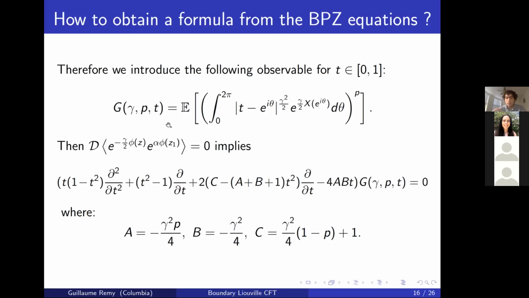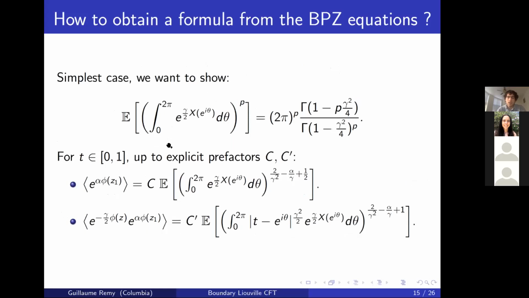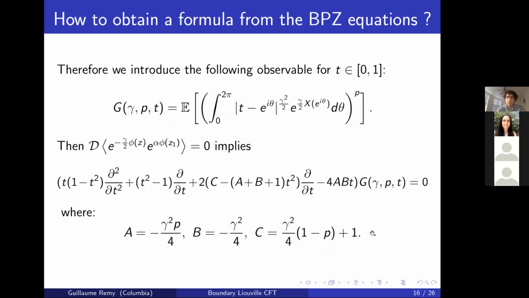After a change of variable, and having in mind these two facts, especially the last one, that this 2-point function with this insertion corresponds up to a constant to this, the big operator applied to this 2-point function equals 0. So after a change of variable, this is equivalent to this observable G satisfying a much simpler looking second order ODE. It's now an ODE in t.